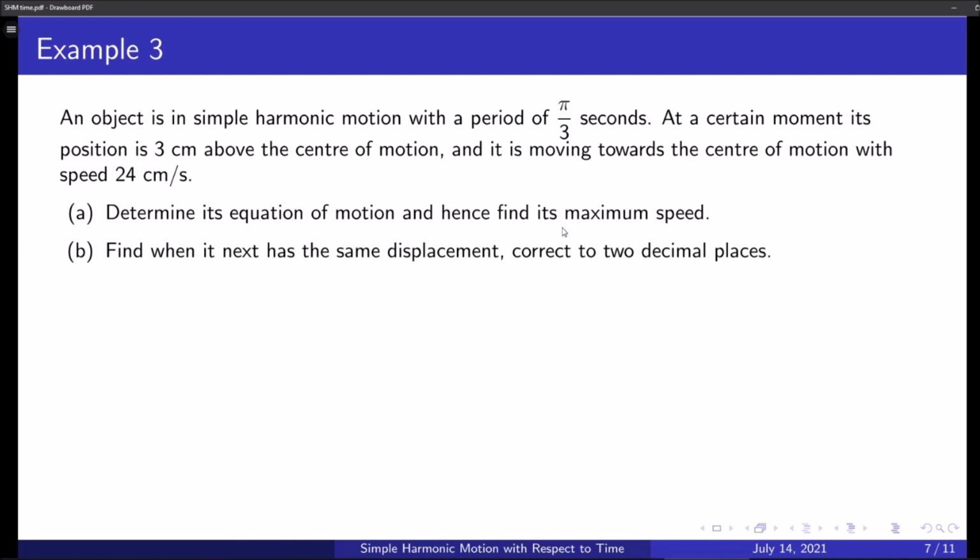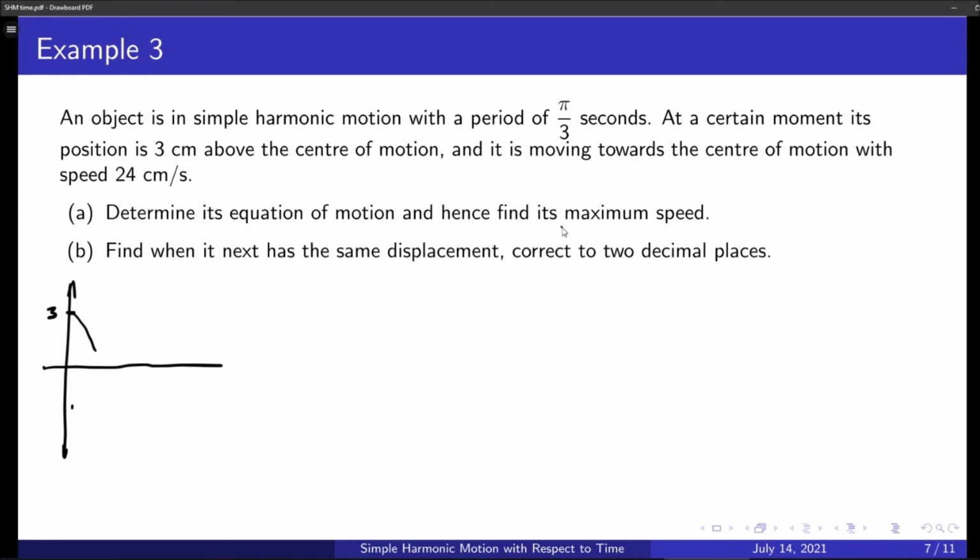So what's happening is, say this is the neutral axis. Let's say this is 3, and then it's traveling downwards at 24 centimeters per second.